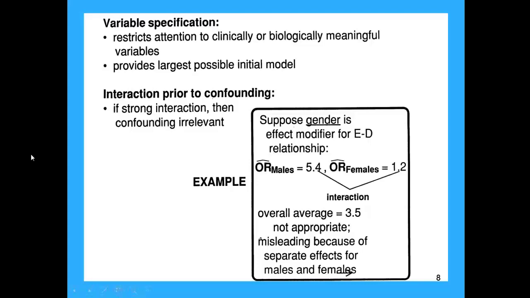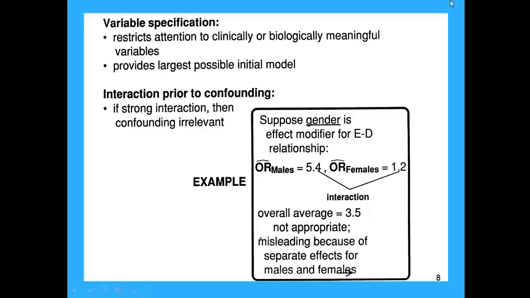Now, why interaction prior to confounding? Well, the main thing is that if there's strong interaction, then who cares about confounding? Say you've got an exposure and a disease variable, and you're worried about controlling for gender.